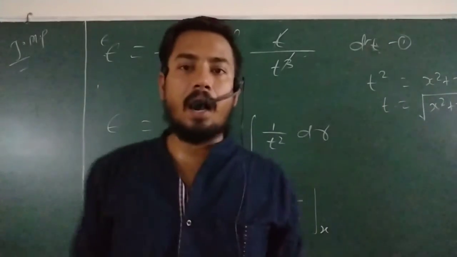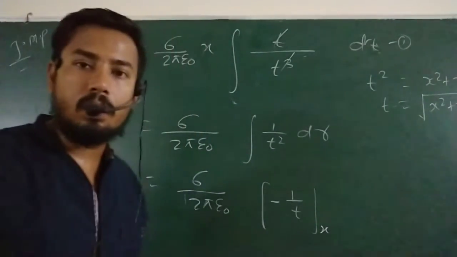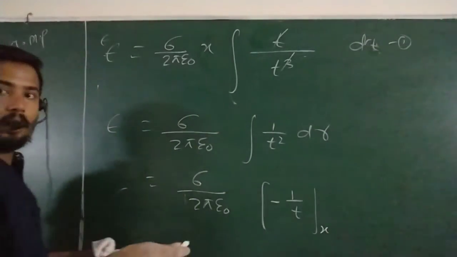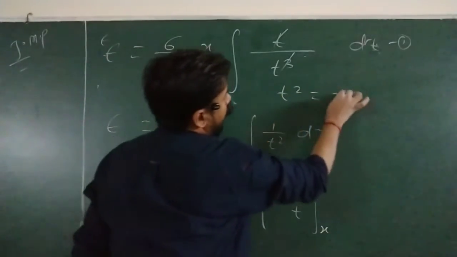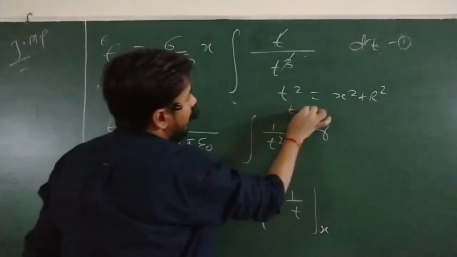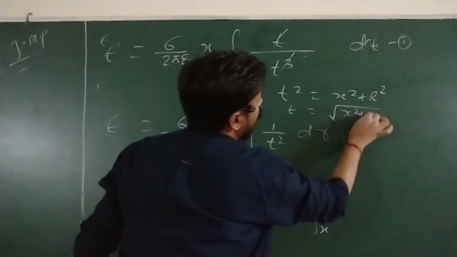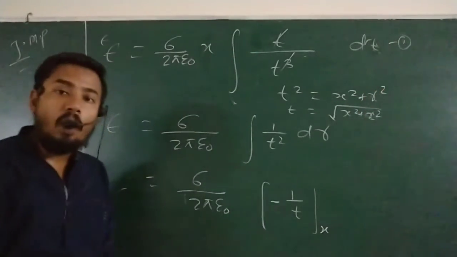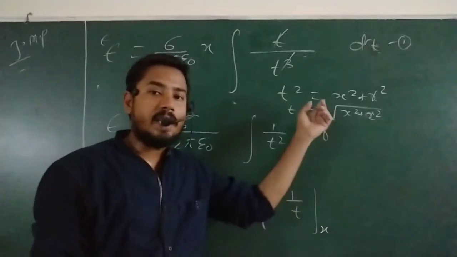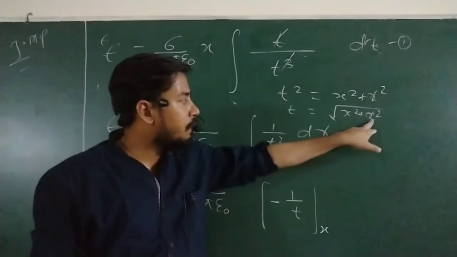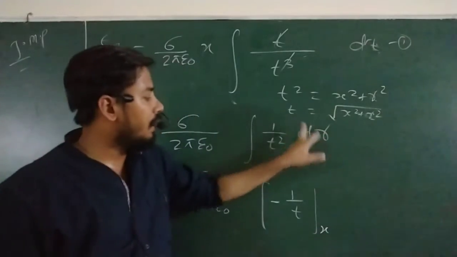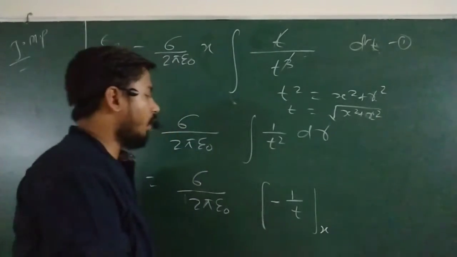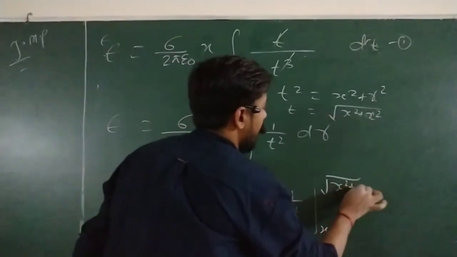Again I am telling you, we assumed t square is equal to x square plus small r square. The value of small r changes, and its initial value is 0, so t will be x. The final value of small r is capital R, so this becomes under root x square plus R square.